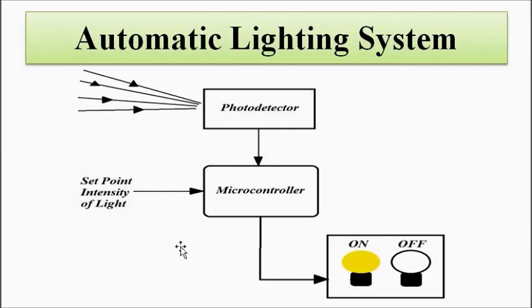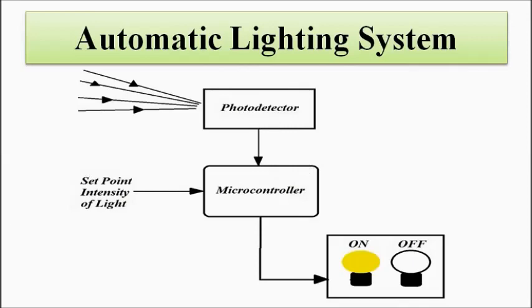During the morning, when the intensity of light gradually increases and goes above the set point defined for turning the light off, the microcontroller will issue a signal to turn the light off. It can use switches or relays or solenoids, anything. Basically electrical relays are used, so that becomes the actuator. The photodetector is the sensor, the microcontroller is the controller here, and the set point is the intensity of light. So this is another example of a process control loop.